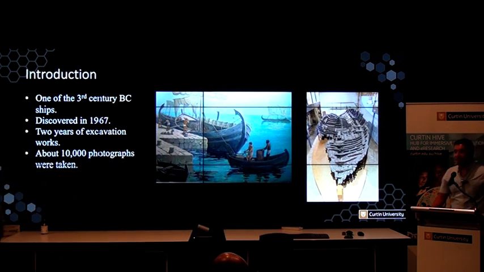Then they started to excavate the whole location for 2 years, from 1967 till 1969. During this excavation, they used around 300 films, just black and white films at this time, 50 years ago, and more than 10,000 pictures were taken.